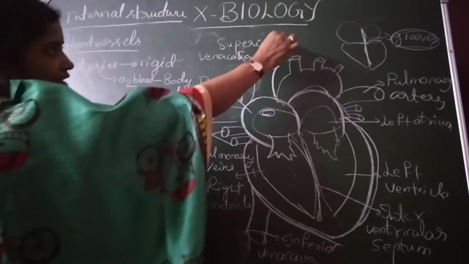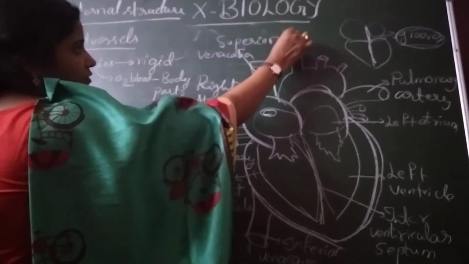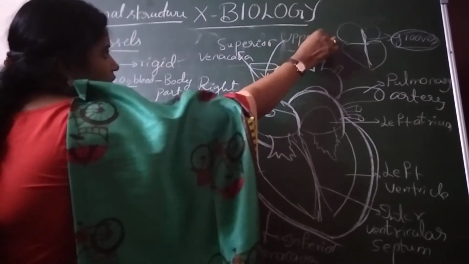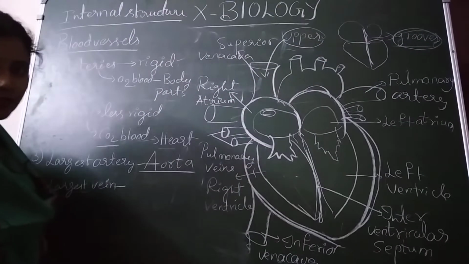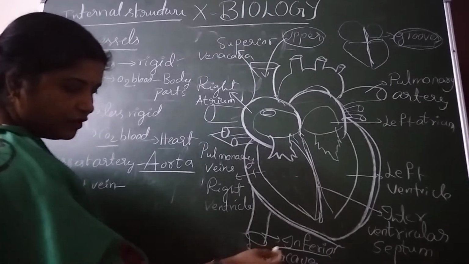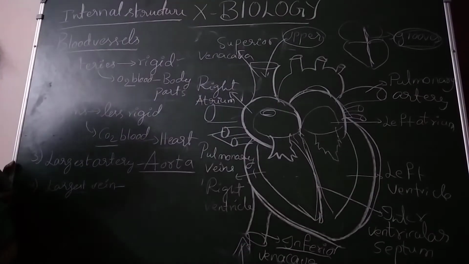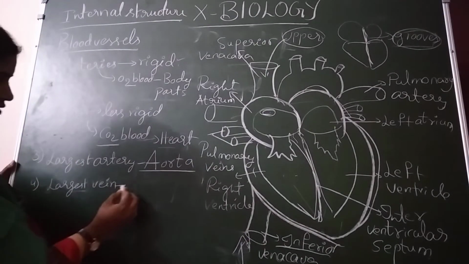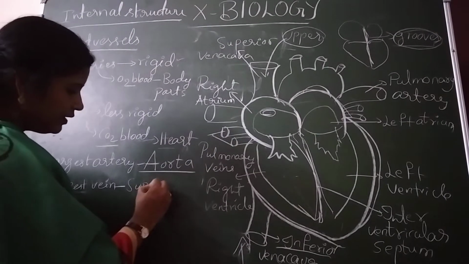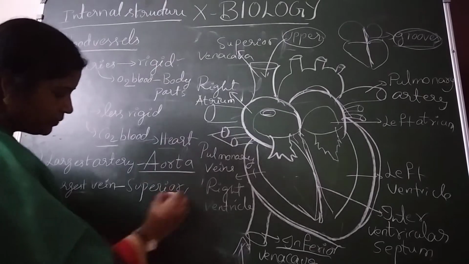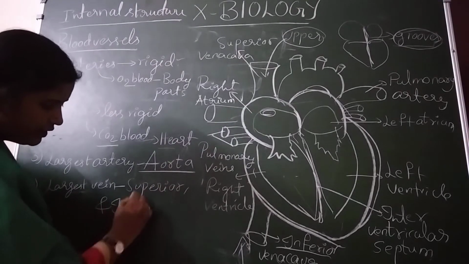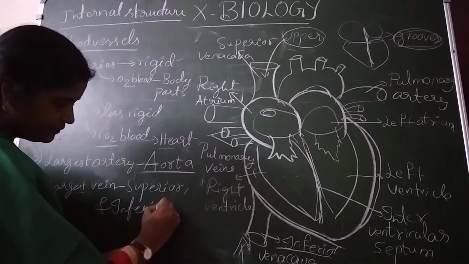See, superior means it is bringing blood from the upper parts, inferior from the lower parts of the body. So largest veins will be superior and inferior vena cava.